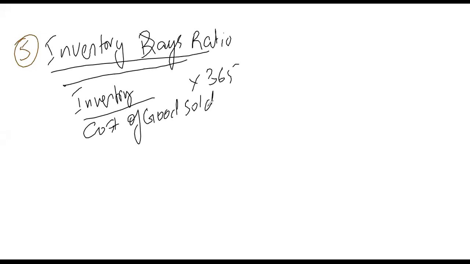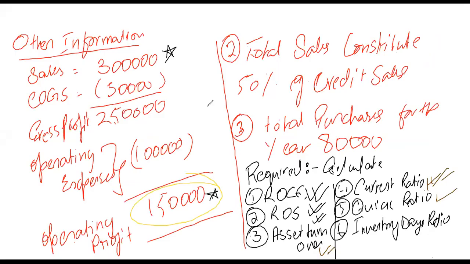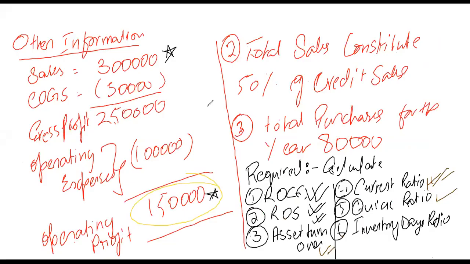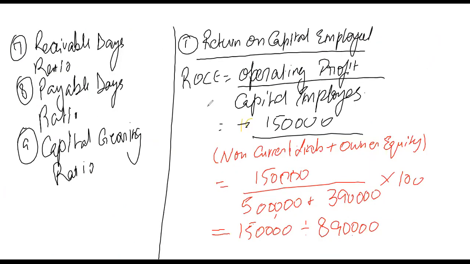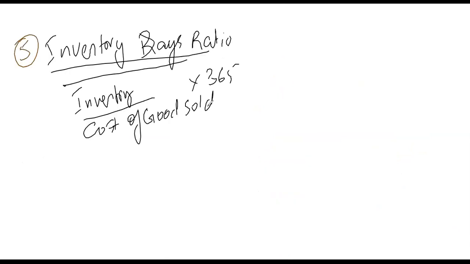What is the closing inventory we are given? The closing inventory of the company is 50,000. What is the cost of goods sold? Oh my God, the cost of goods sold is also 50,000. I have just made up this question, obviously.